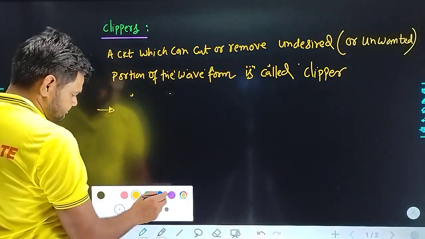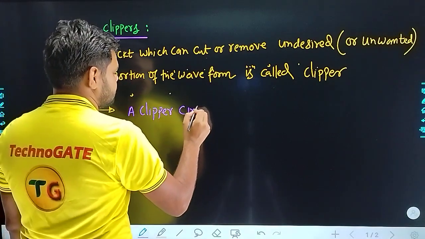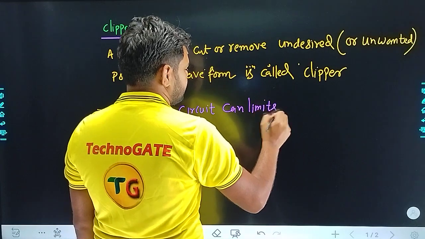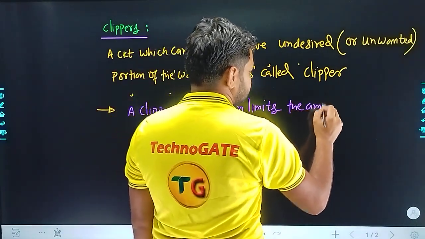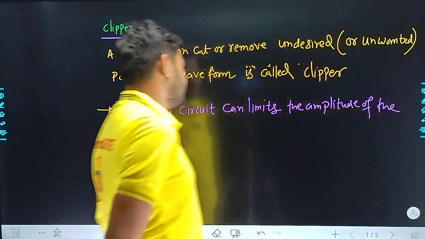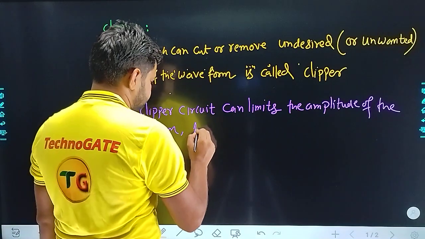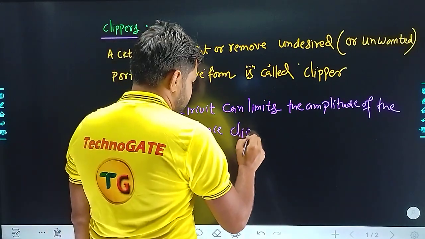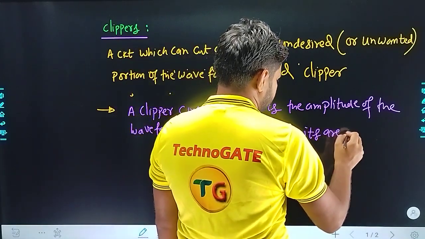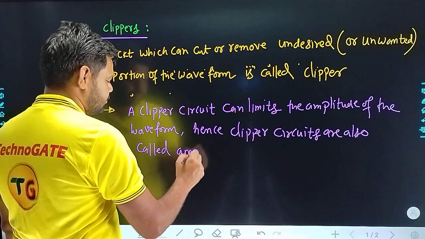You may also write in other words, a clipper circuit limits the amplitude of the waveform, hence clipper circuits are also called amplitude limiters.